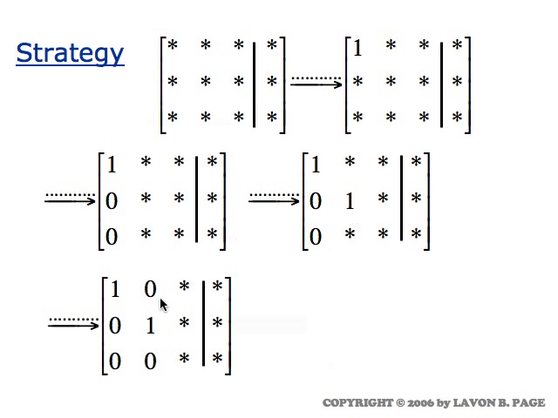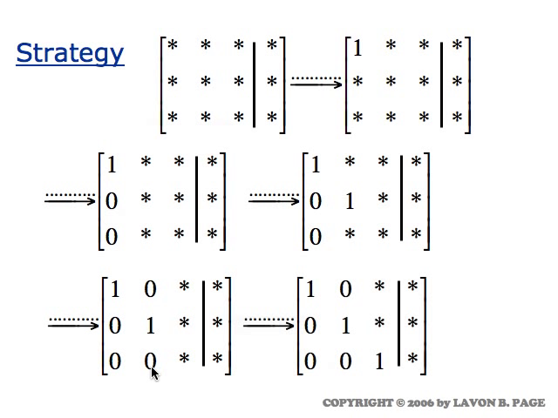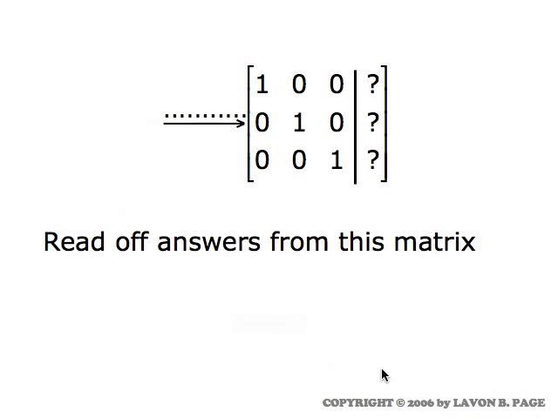And then we do row operations to put zeros at the other spots in column 2. Then we move to column 3 and use a row operation to produce a 1 in the row 3, column 3 spot. And then finally, we produce zeros at the other spots in column 3.